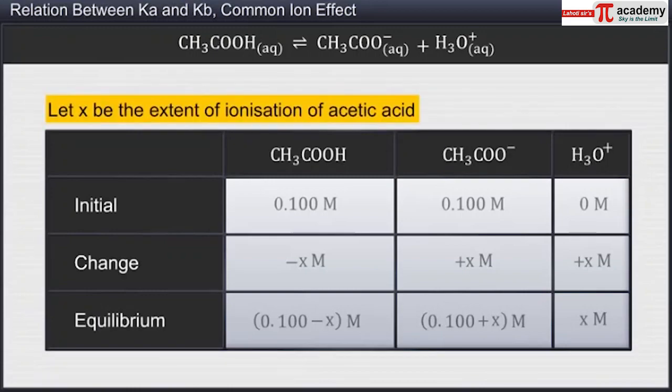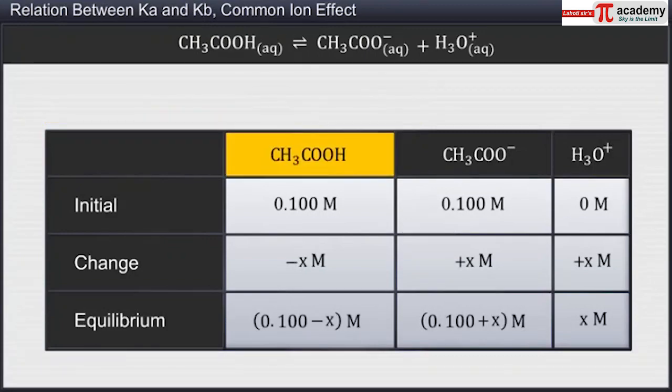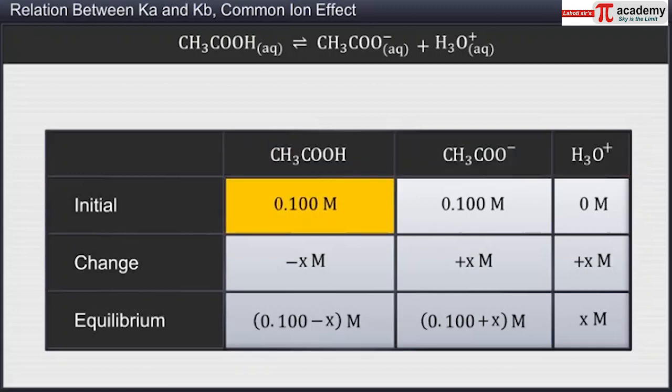Let x be the extent of ionization of acetic acid. The initial concentrations of CH3COOH, CH3COO- and H3O+ are 0.1, 0.1 and 0 M respectively.